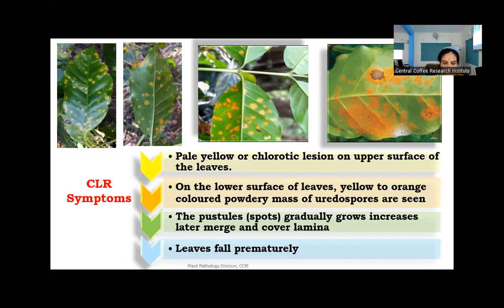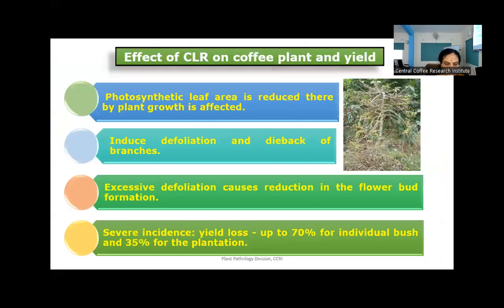When this condition is seen, naturally we will observe premature leaf fall. These are the very important and critical symptoms of the leaf rust. And what is the effect of coffee leaf rust on the plant and the yield? As I said, when the lower surface of the leaf is entirely covered by the powdery mass, the propagules or urediniospores, then automatically the photosynthetic leaf area is reduced.